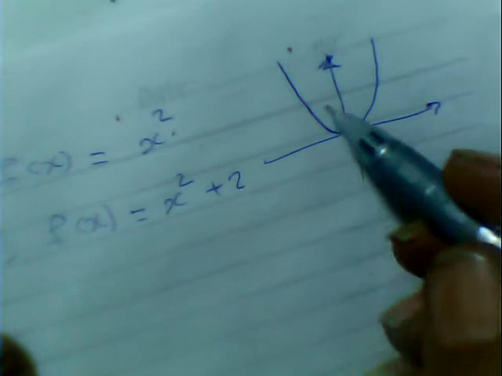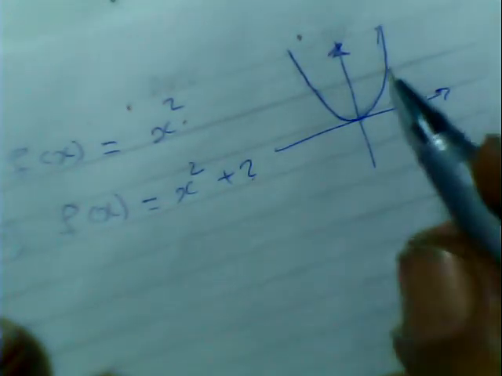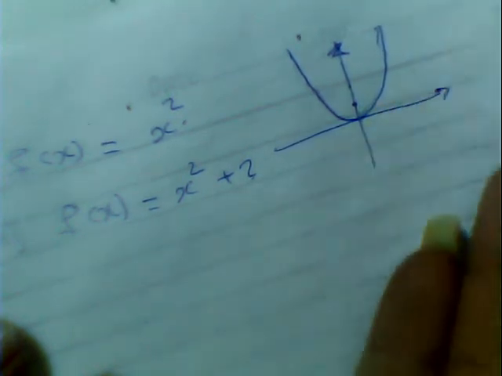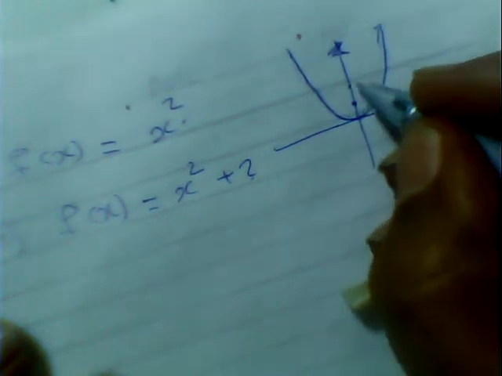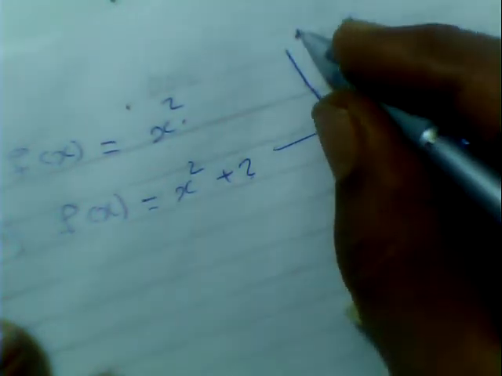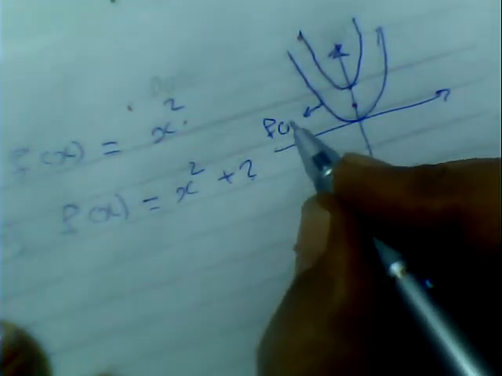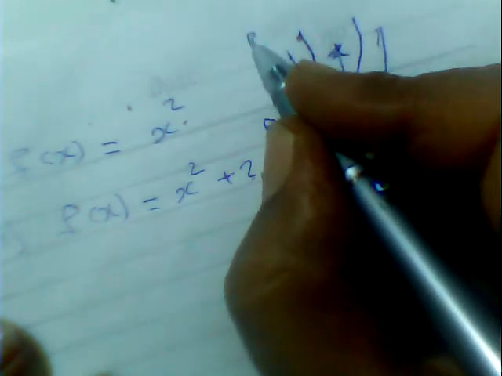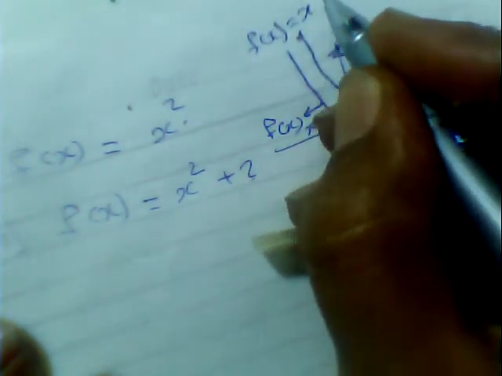It is the same drawing, but it moves up 2 steps. Counting 1, 2, we move the curve up like this. This is f of x equals x squared plus 2.